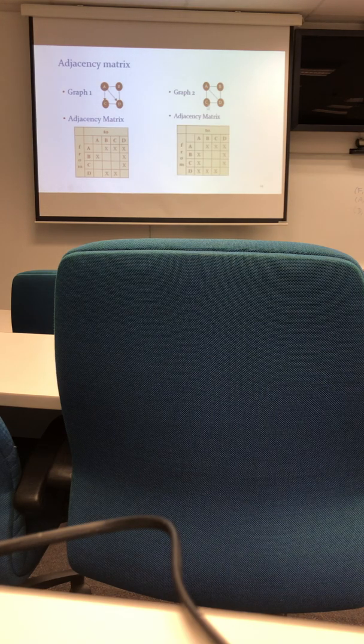Okay, for an undirected graph, the adjacency matrix will be symmetric. Because if there's an edge from A to B, there will be an edge from B to A also, because every edge can traverse in both directions. So for an undirected graph, the matrix is symmetric.